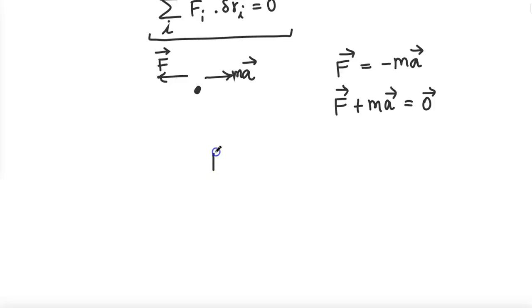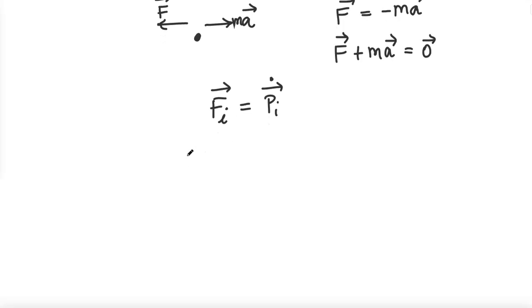The force on the ith particle is the net external force, F_i bar equal to P_i bar dot, which is Newton's second law. So now I am going to take it towards the left: F_i bar minus P_i bar dot is equal to 0 bar.